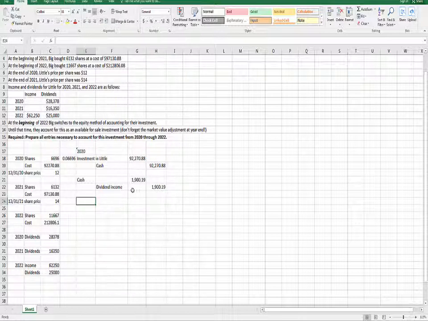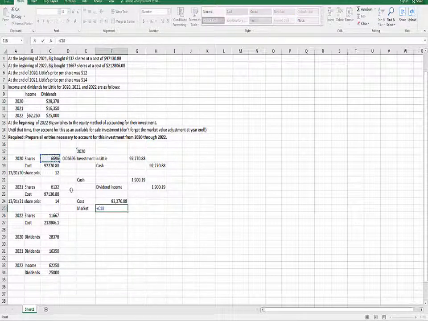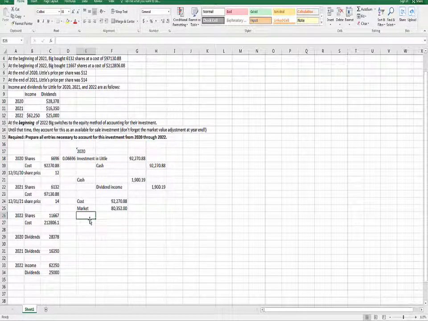Okay, the last thing, at the end of 2020, we have to do our fair value adjustment. And again, the cost of our portfolio is $92,270.88. The market value, we have 6,696 shares worth $12 each. So the market value is only $80,352.